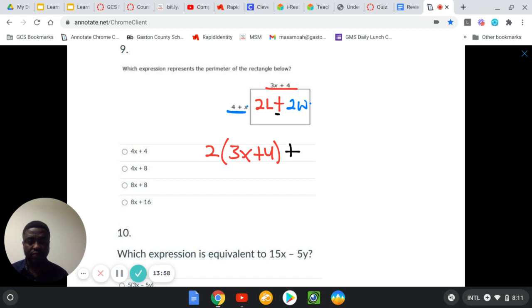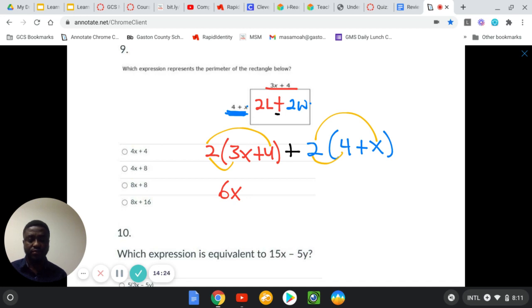Then my operation sign, bring it down. Then solve the 2w. So 2w, which is 4 plus x. Then I'm going to distribute like I did on the previous one. I'm going to distribute this over that, and distribute that, distribute that, and distribute that. So 2 times 3, which is 6, so it'll be 6x.